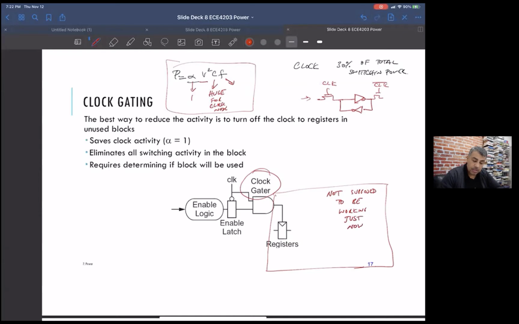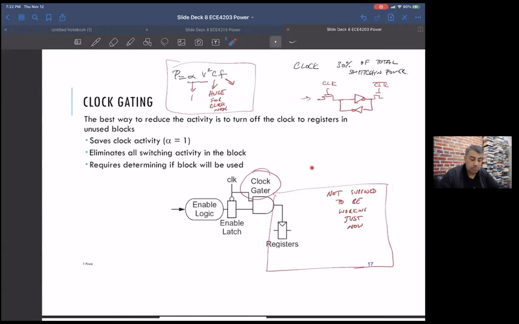We've decided to shut these guys down, and you actually gate, and this is showing a NAND gate with an enable. So you're gating the clock, turning off the clock going to this whole block when it's not working. That's a huge power saver, because again, the clock is a big part of your power consumption budget, and you've got to do this.